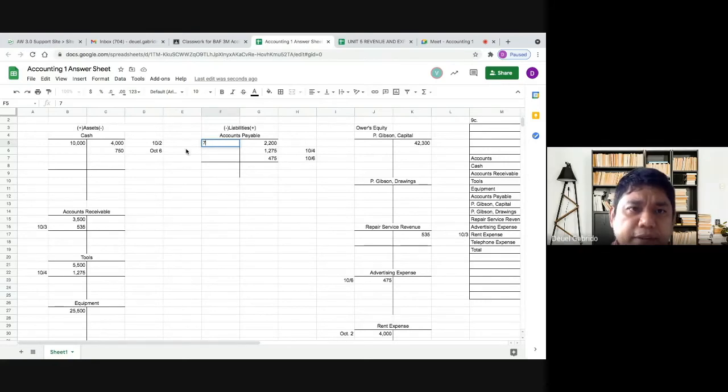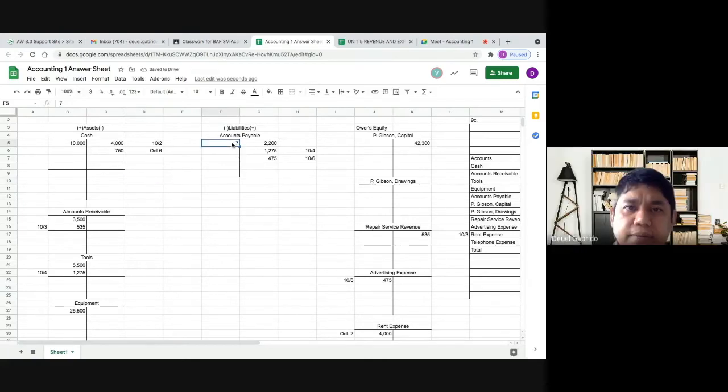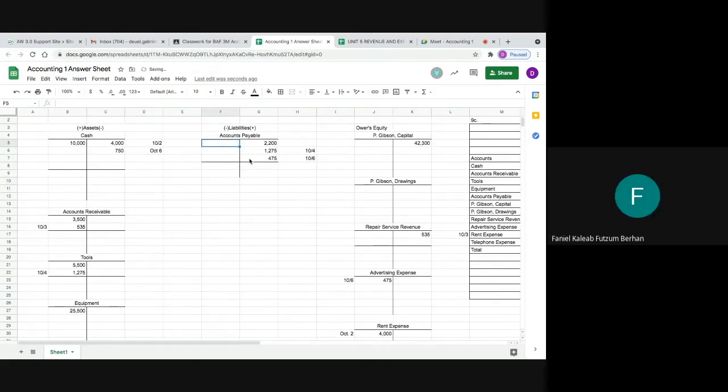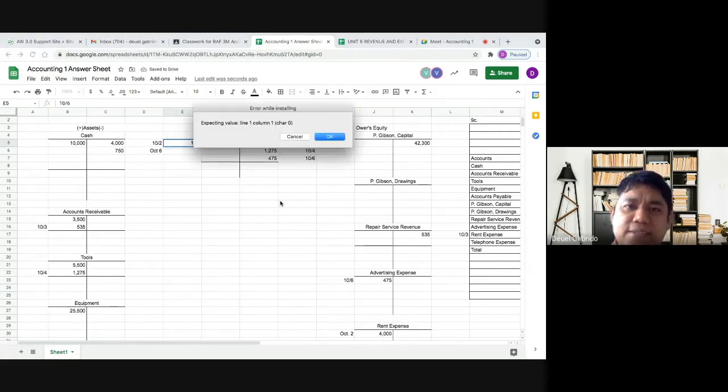No, 10/6, under the accounts payable. Okay. So the 750 here is another 10/6 because there are two things that happened there. 750, a decrease in accounts payable. So that's 10/6 also.